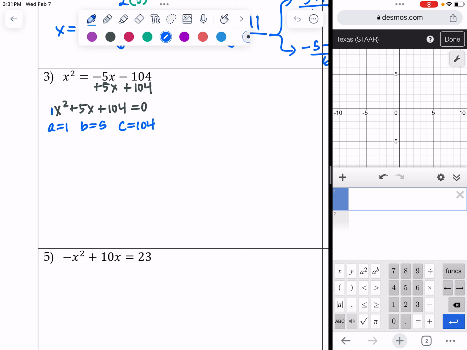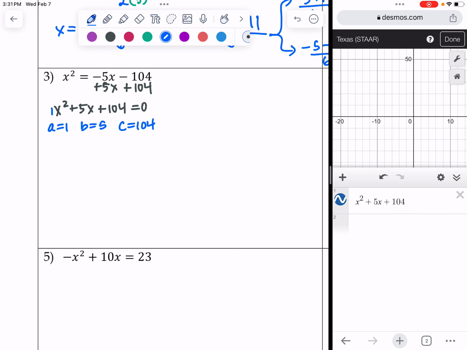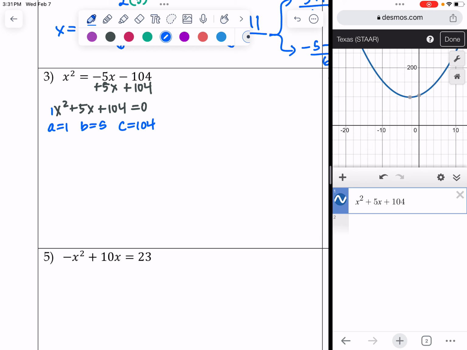So I'm going to go ahead and type this in and see what it looks like. Okay, so this one looks like it doesn't ever cross the x-axis. So this would be a no solution case. And I'll show you what happens when we try to use the quadratic formula.